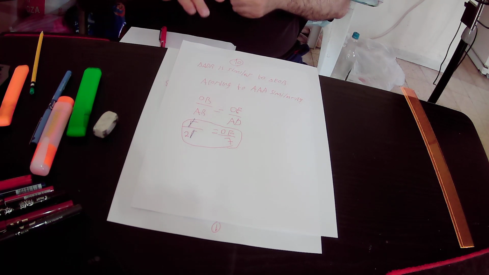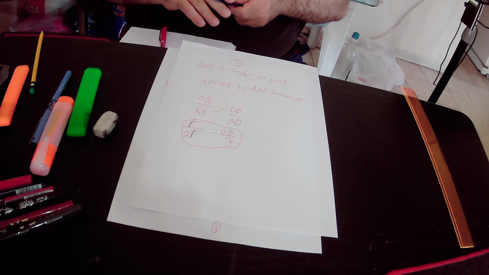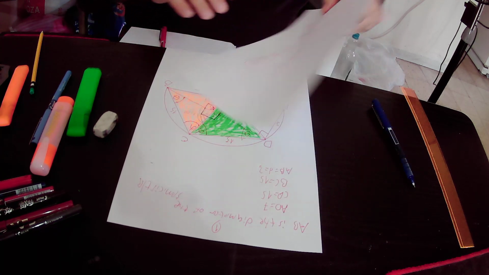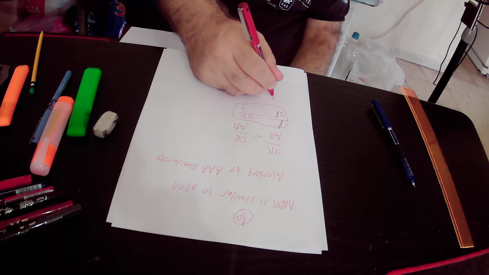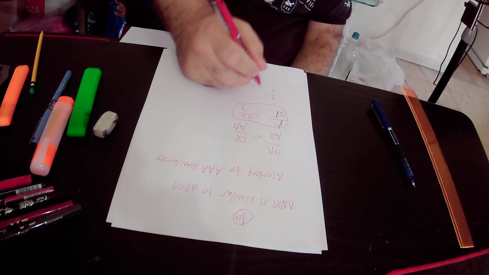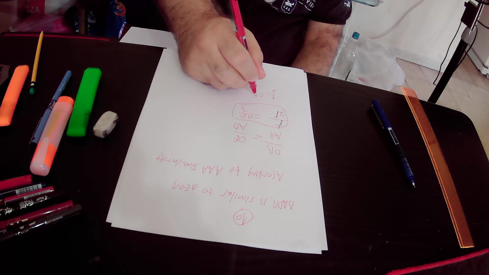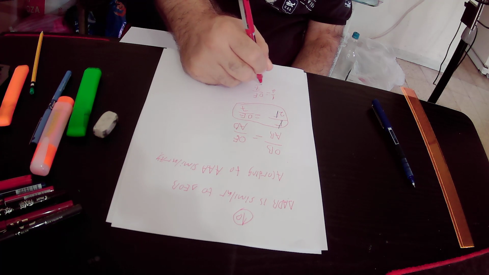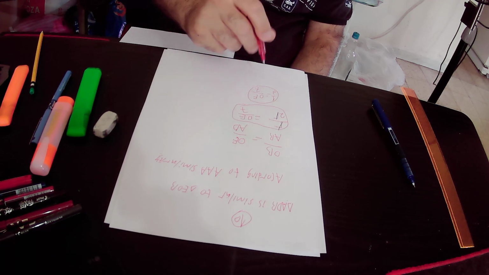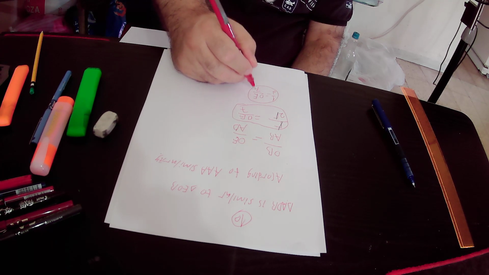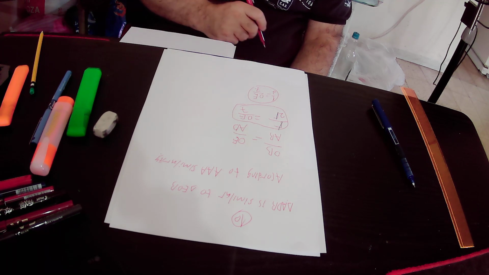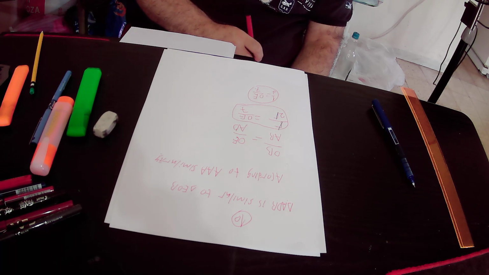So 1 over 2 equals OE over 7. Here we can multiply this equality by 7 in order to get the value of OE.